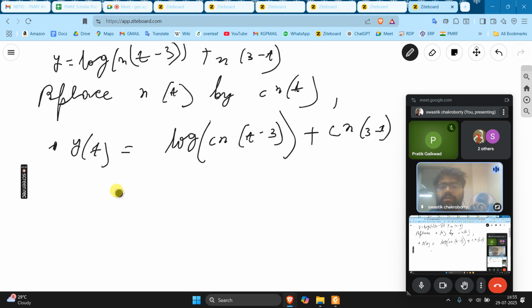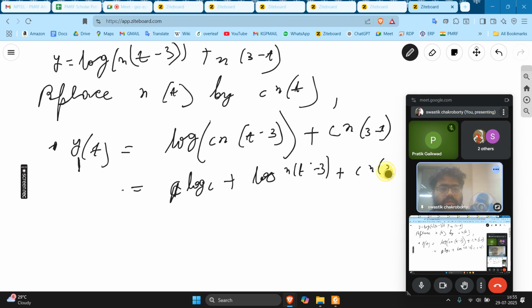Let's say this is y1(t). This is not simply equal to c times the original. You cannot take the c outside, right? This is log c plus log x(t minus 3) plus c x(3 minus t).